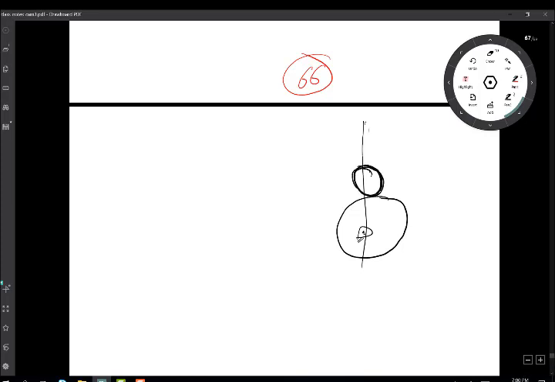The roller should be circular, of course. Let's say it's something like that, and I want my points of contact over here.